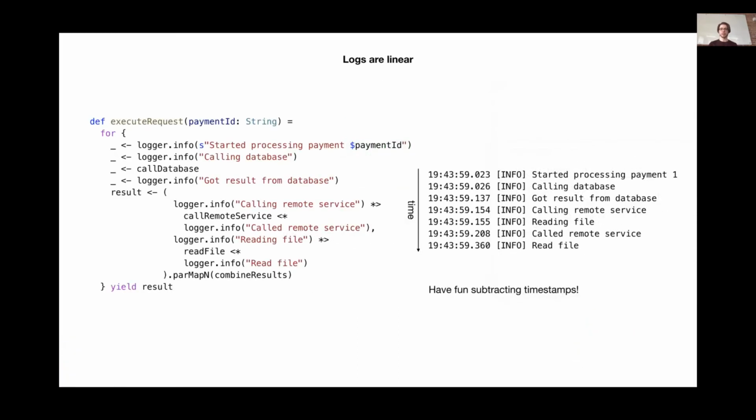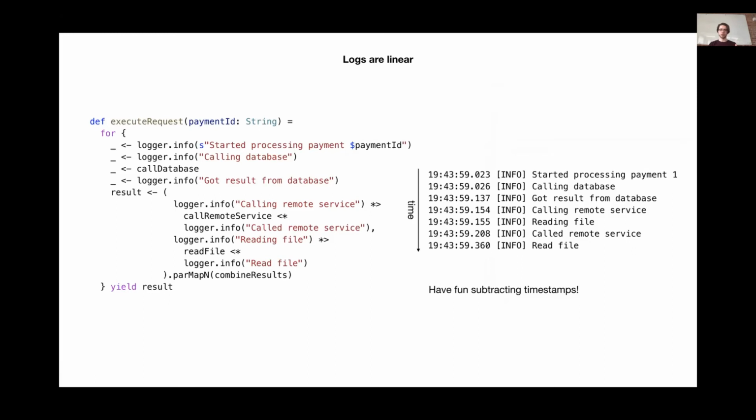So logs don't give us all that information. If we log in a processing pipeline, or whatever you call it, we have a linear structure of events. This is pretty much just events. We have timestamps with some information on them. We don't have any kind of hierarchy.